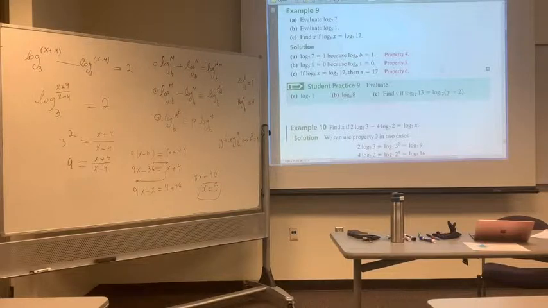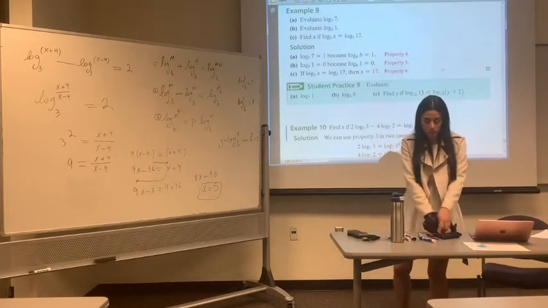Log b base b is 1. What about log 1 base 5? 0, right? 5 power 0 is 1. Correct?